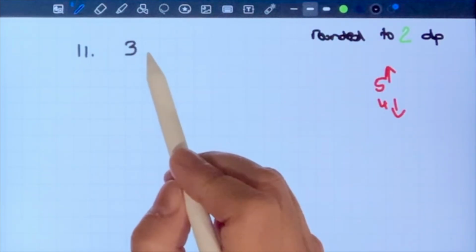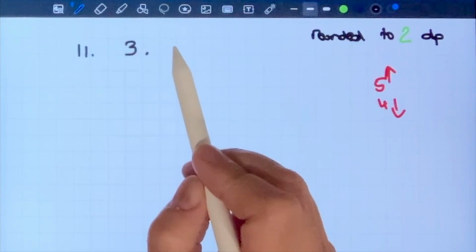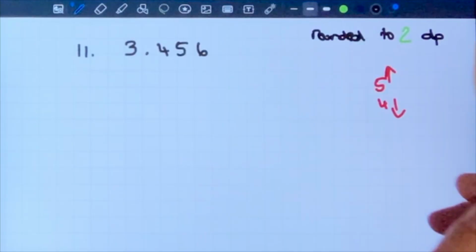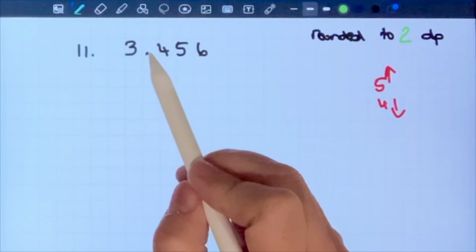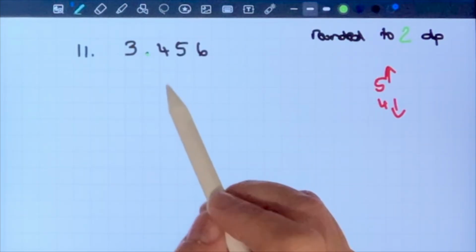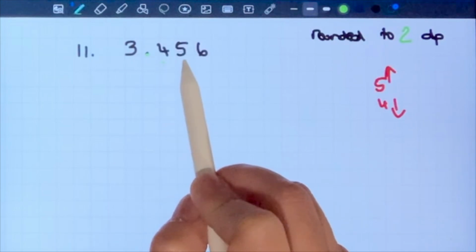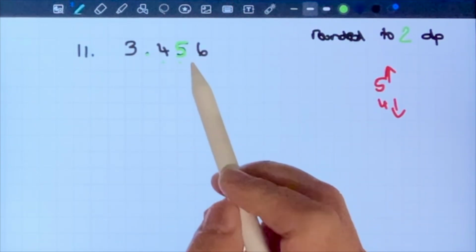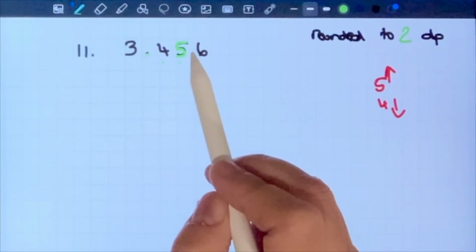We have the number 3.456. So I identify my decimal. Now I want to go to 2 decimal places, so that's 1, 2. So this is the digit that's going to get rounded up or down. It's in my hundredths column.